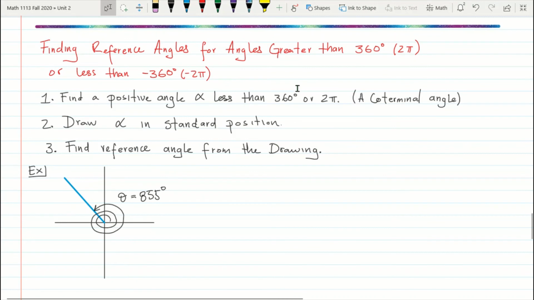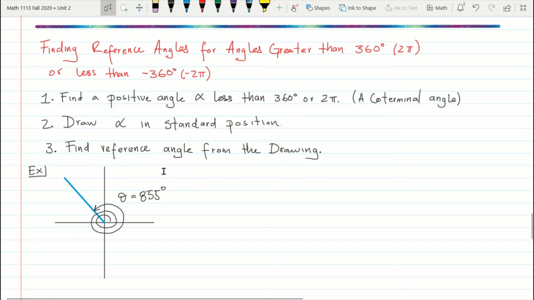Here is how to find a reference angle for something that is larger than 360 degrees, or smaller than negative 360 degrees, or 2 pi and negative 2 pi equivalently, right? Based on the title here, you may wonder what that looks like.